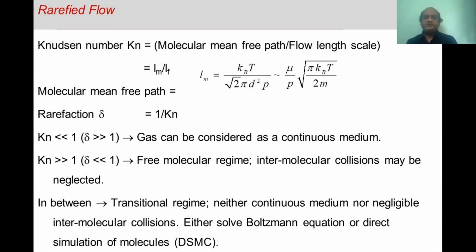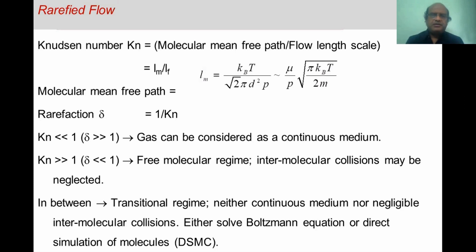So any simulations to be done with respect to satellites, we have to consider these rarefied flows. The same thing happens in vacuum vessels. When Knudsen number is much less than 1, the gas or the fluid can be considered as a continuous medium. And there could be regimes in between.